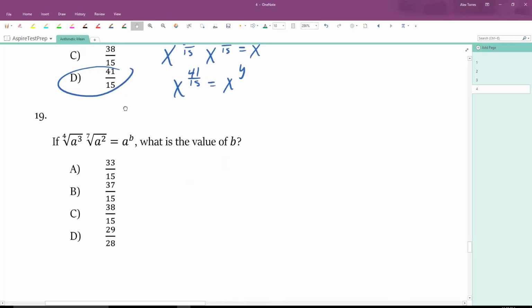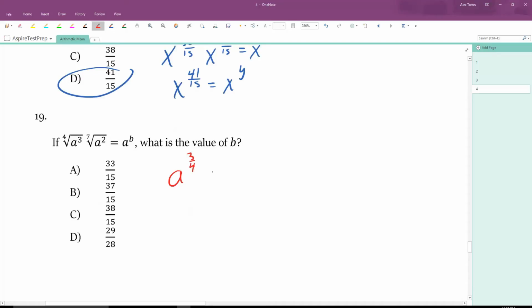Going over to number 19 now, rewriting with the fractional exponents, a to the 3/4 and a to the 2/7 equals a to the b. We're going to need to add these two fractions, so let's get the same denominator, multiply by 7/7 right here and by 4/4 right here.